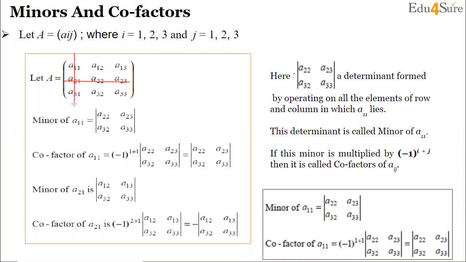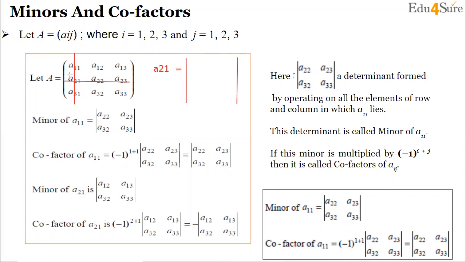So what will be the minor for this A21? The minor of this A21 will be A12, A13, A32, A33.